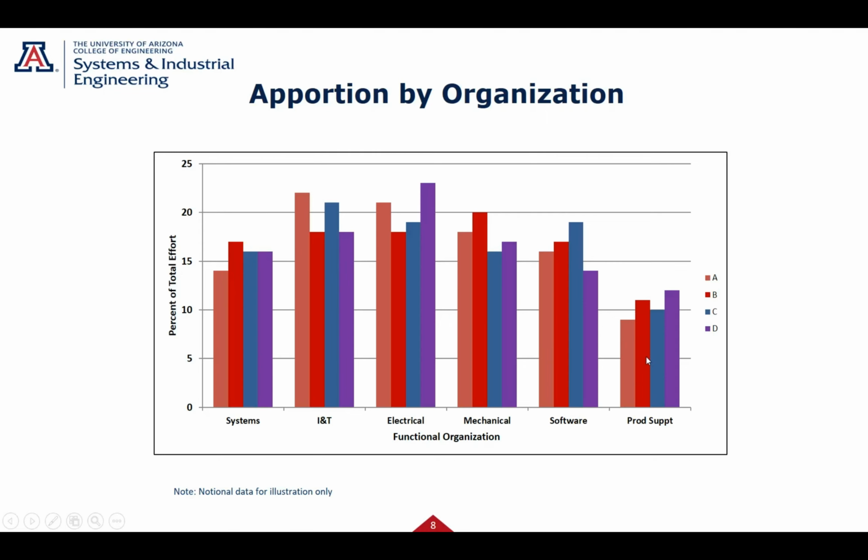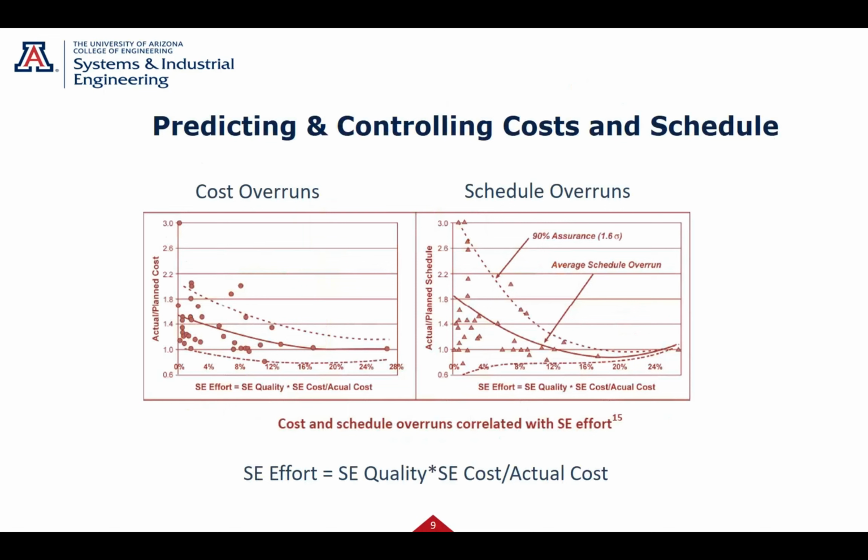Now, let me caution you when you do this. Let's look at this data here in the next chart. First let's just look at the left-hand side, cost overruns. This is actual cost over what your planned cost is. Okay? Across the bottom is the percentage of system engineering effort.